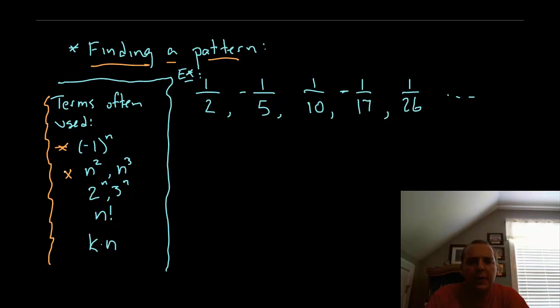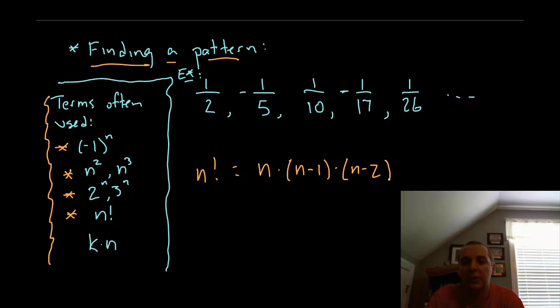We oftentimes see n squared or n cubed show up. We oftentimes see powers of 2 or powers of 3 or powers of 5, powers of certain numbers. We all the time see factorials. And just a quick definition in case you don't know what a factorial is. A number like 5 factorial would be defined as 5 times the number below it, so I'll say n minus 1, but that would be like 4, times n minus 2, the number before that, like 3, times 2 times 1.